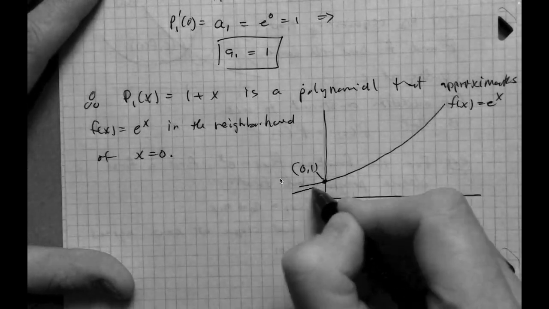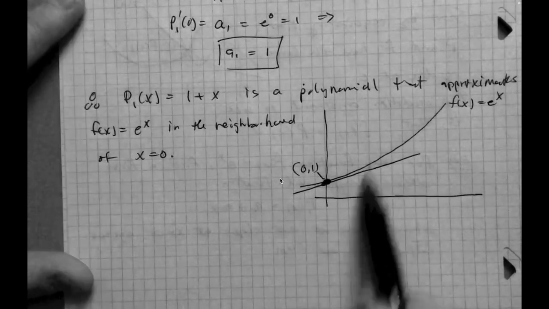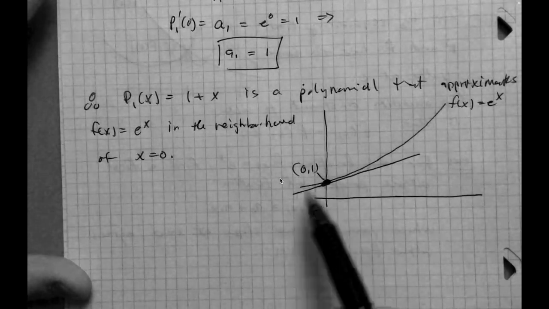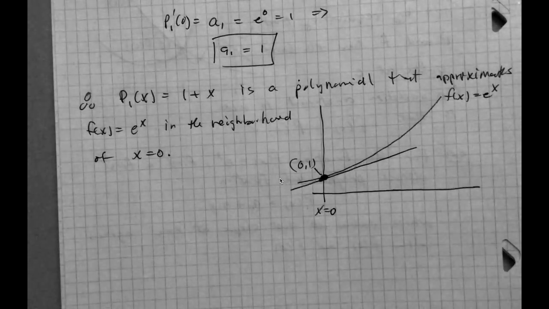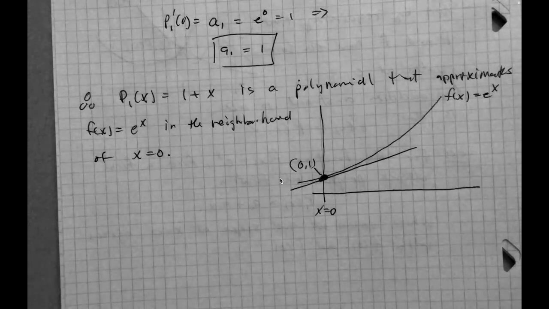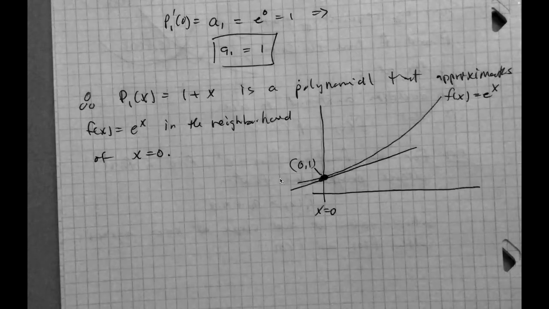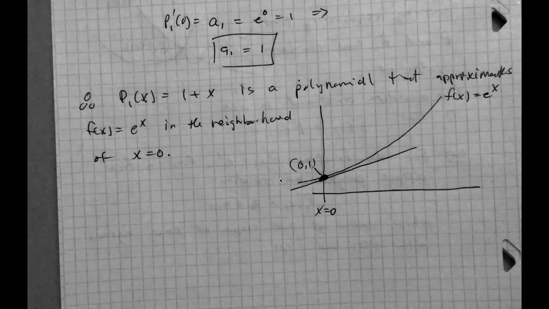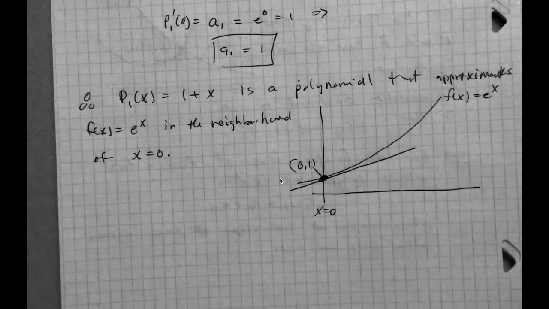This is a terrible drawing, but it looks something like this. Basically these two would coincide nowhere except at x equals 0. Then as you move away from x equals 0, f of x increases, but increasingly, whereas P1 is a linear function and just increases with this constant slope of 1.